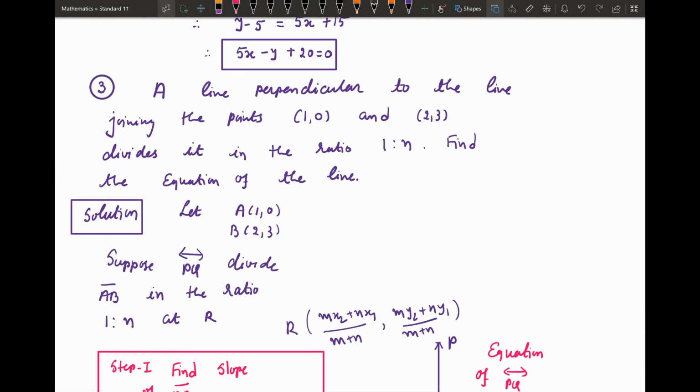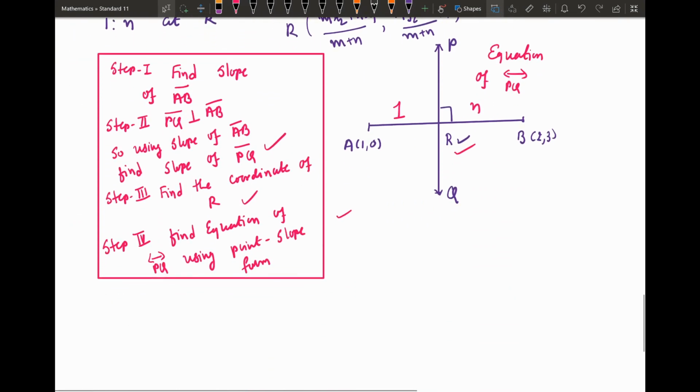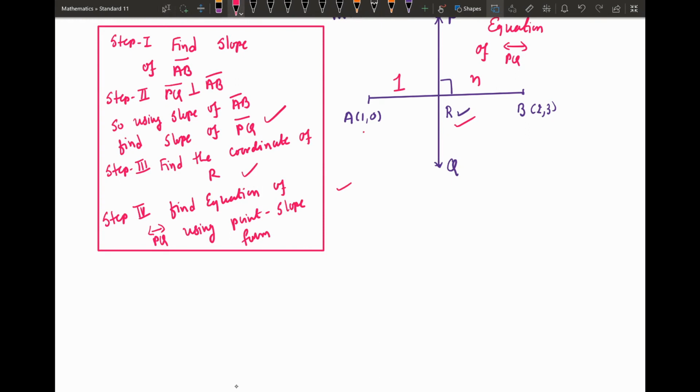Let A(1, 0), B(2, 3). Suppose PQ divides line segment AB in the ratio 1:n. So coordinates of A are x1, y1, and this is x2, y2.